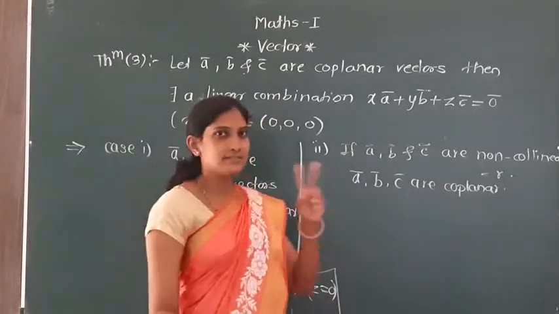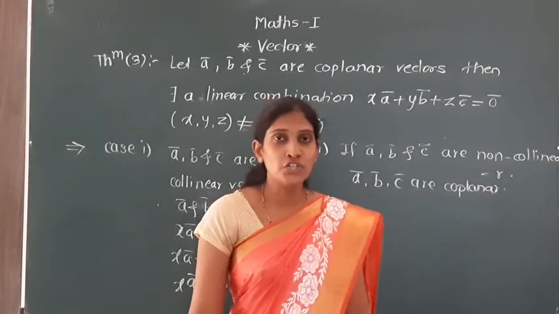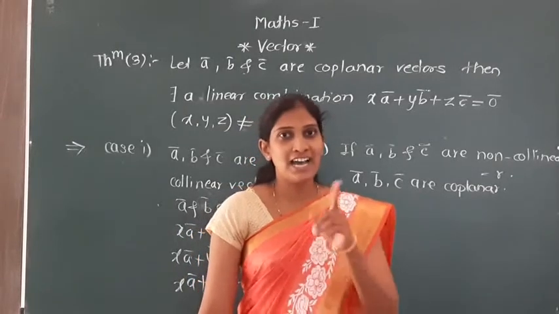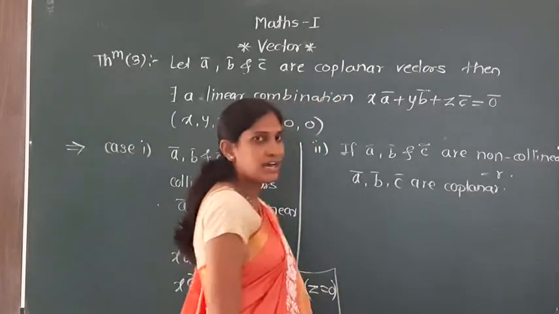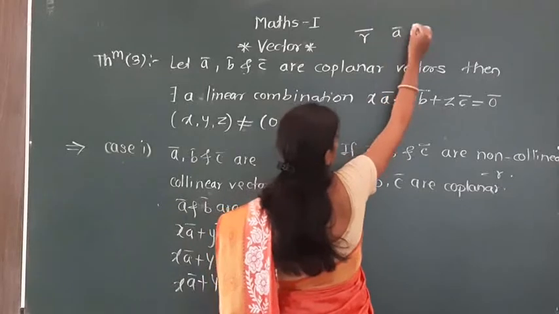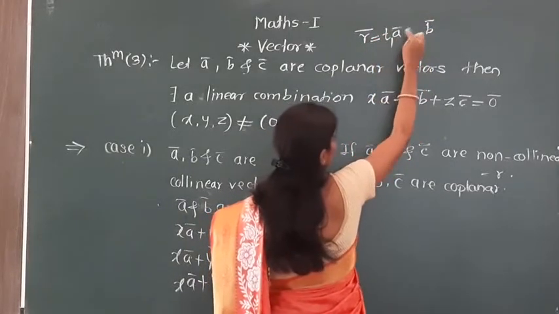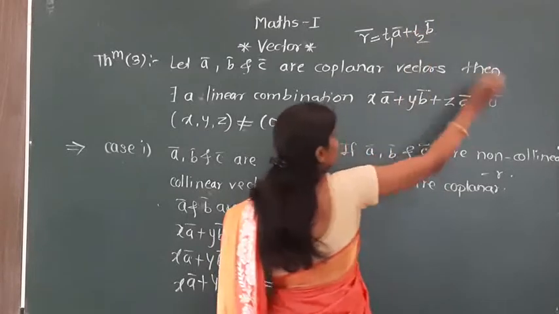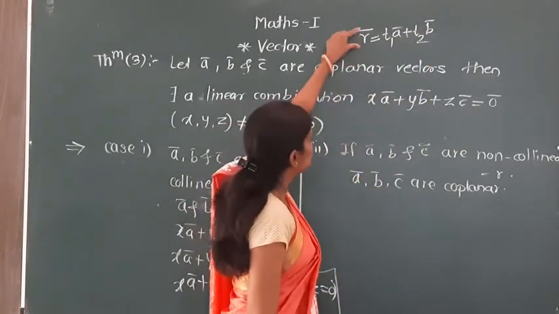Here we use the second theorem. What is theorem number 2? If R bar is coplanar with A bar and B bar, then R bar is equal to T1 A bar plus T2 B bar. This is our second theorem, and we use this theorem here.